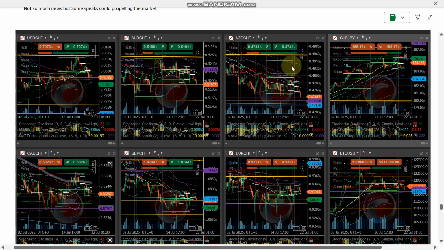Daily, at the bottom of daily, there is Aussie Swiss franc, New Zealand Swiss franc, GBP Swiss franc, Euro Swiss franc, all this, even US Swiss franc, operating under the daily mid line. So all of these are 4 hour chart.